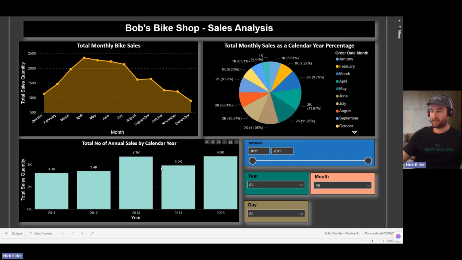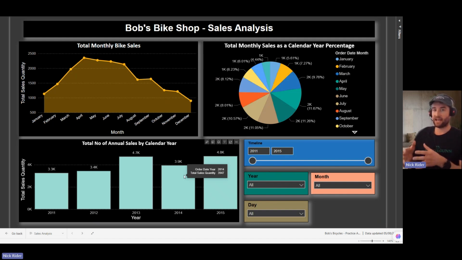If we have a look down now at the bar graph down the bottom, we can see that through 2011 to 2015, the total number of annual sales that he's made. In this particular data set, Bob hasn't supplied me with revenue data linked to his sales data.